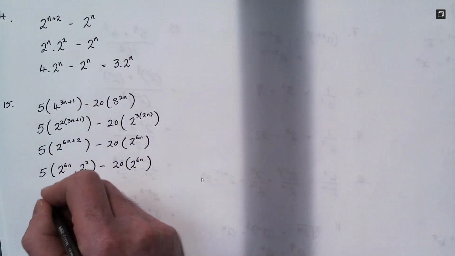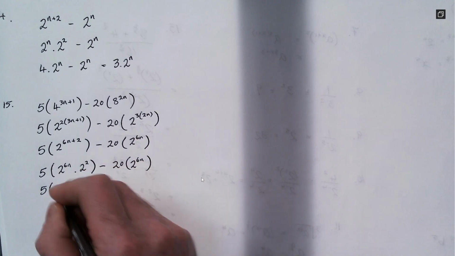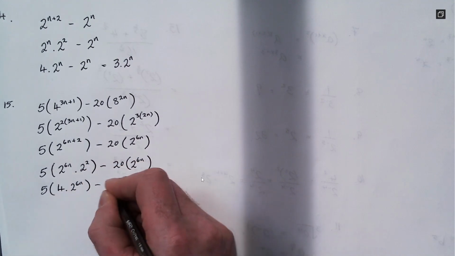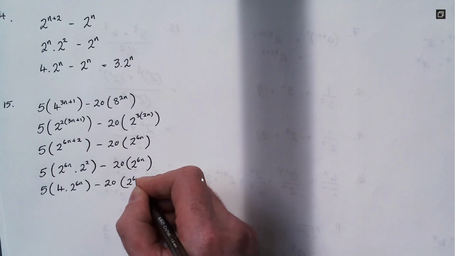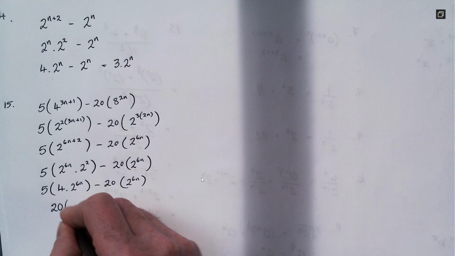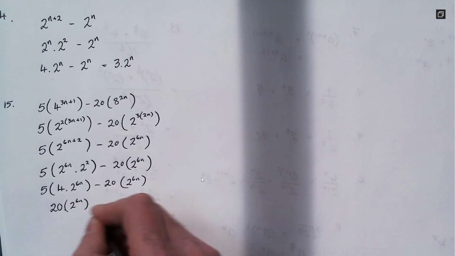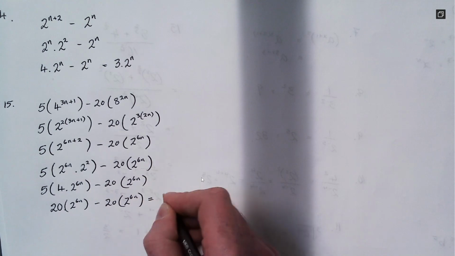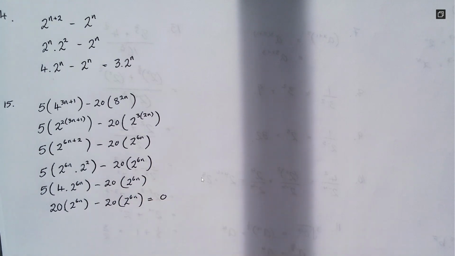So we get 4 times 2 to the power of 6n minus 20 times 2 to the power of 6n, which gives 0 because they cancel.